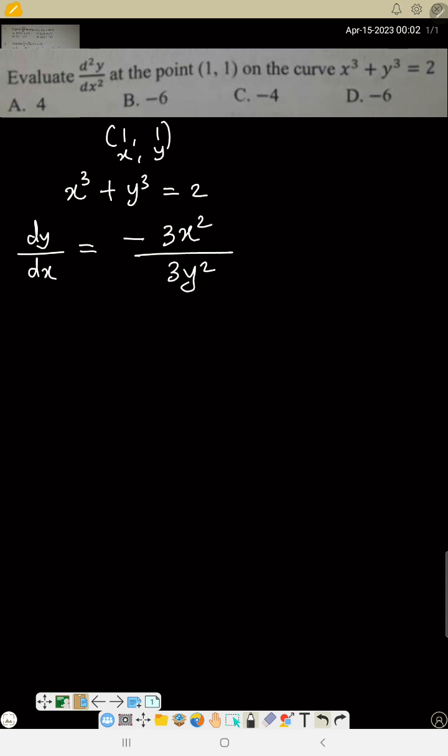Don't forget, watch my video on implicit to see other examples to understand this method better. 3 will cancel 3, so dy over ds is minus s squared divided by y squared. But what the question wants is d squared y over ds squared. So I have to do d squared y now over ds squared.